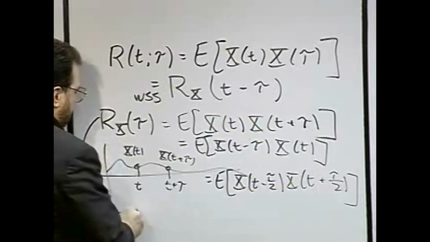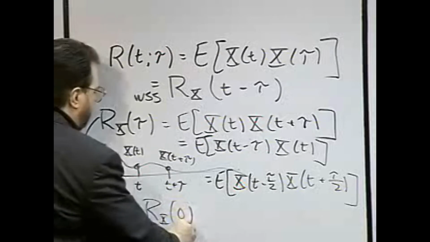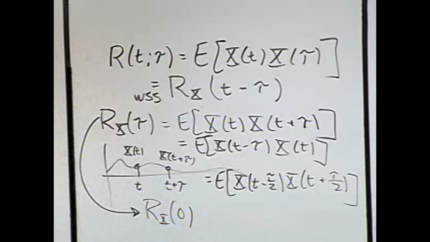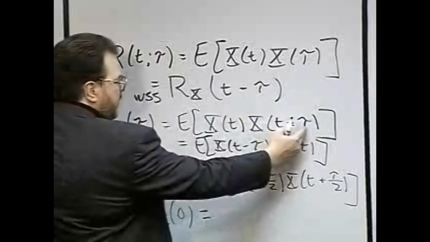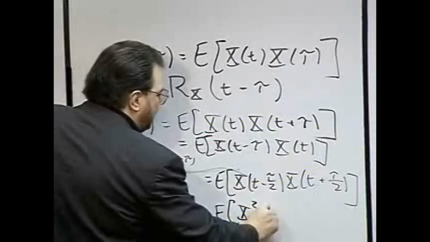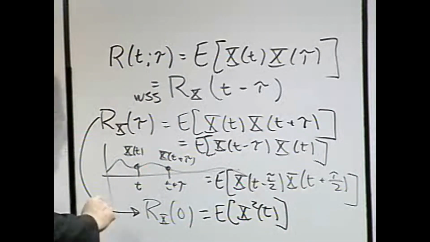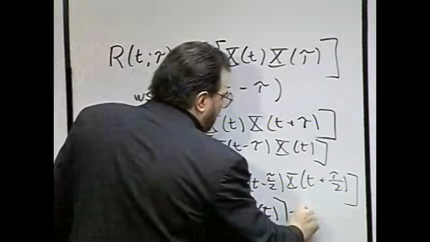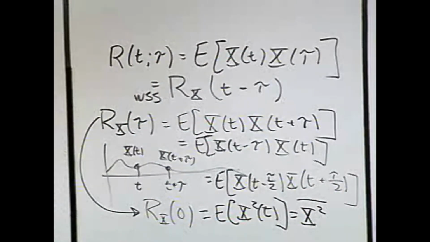You'll notice that as a consequence of this, if we take r sub x at the origin for a wide sense stationary process, what do we get? Well, we substitute in here, tau is equal to 0, we get the expected value of x squared, right? Which is, if we have a wide sense stationary stochastic process, a constant.